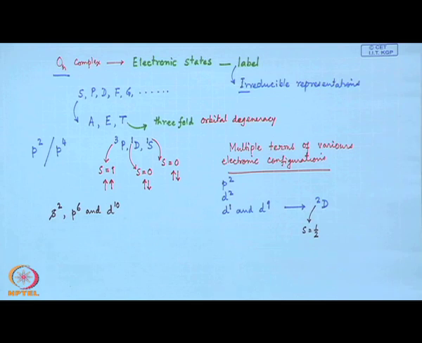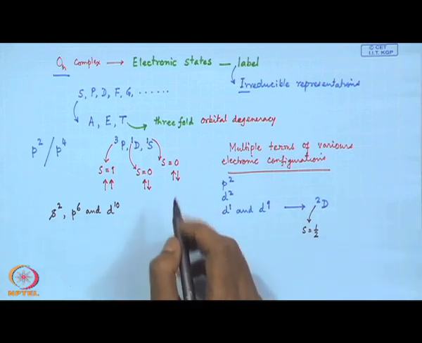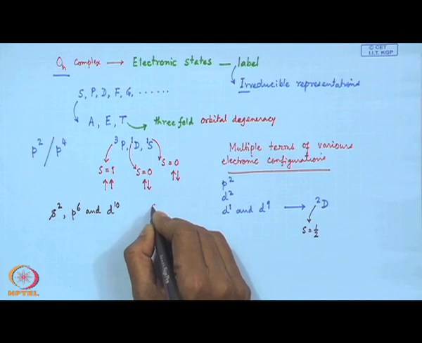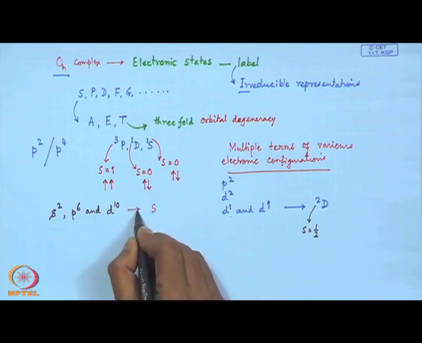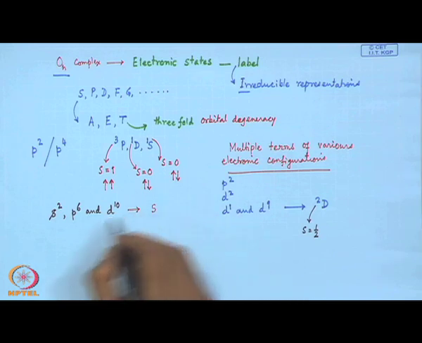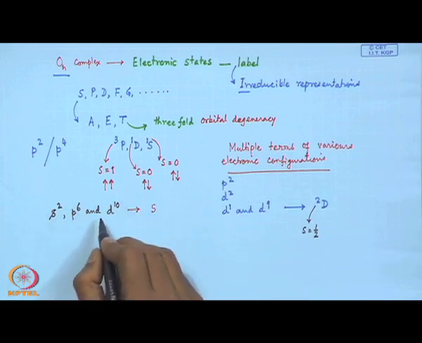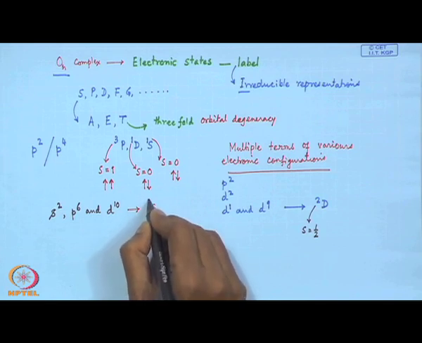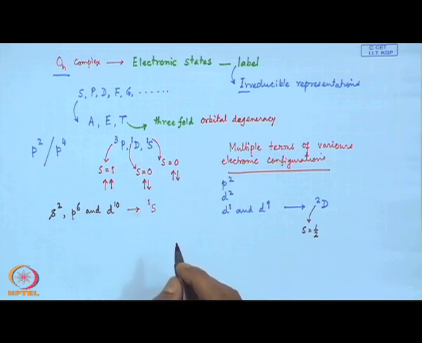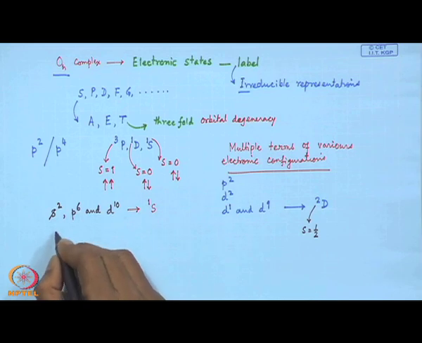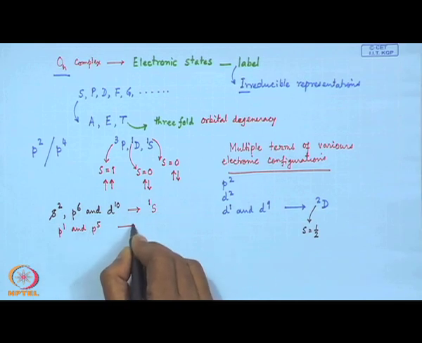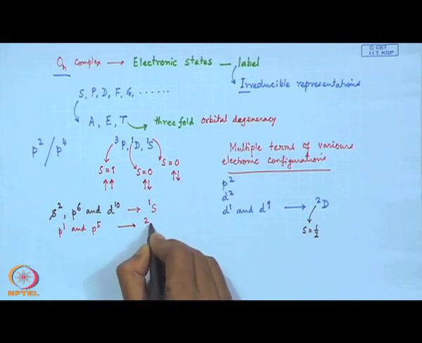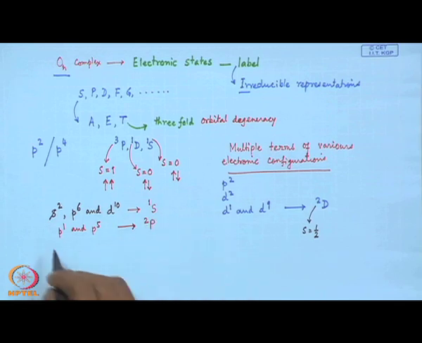So, we have a state where no other combination is permissible. So, we definitely have a singlet state. This clearly tells us that this will give rise to a corresponding singlet state, and since all are filled, capital S is equal to 0. So, it is a 1S term. Similarly, for p1 and p5 we will have a corresponding 2P term.